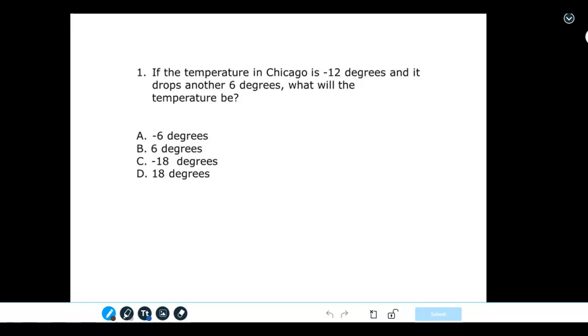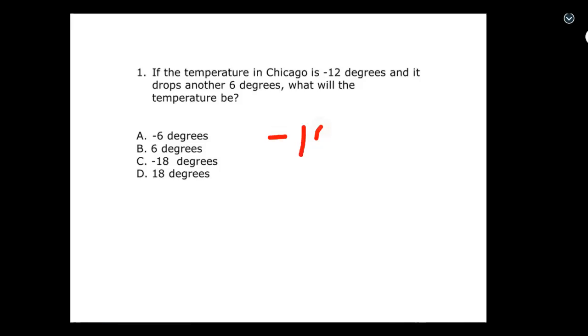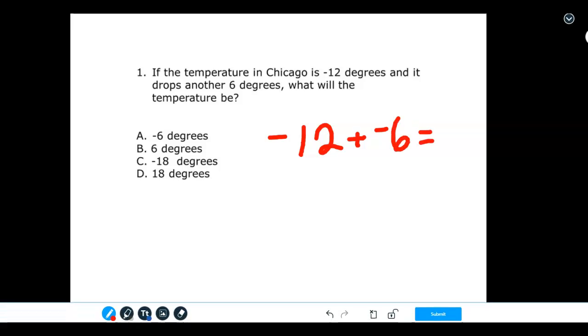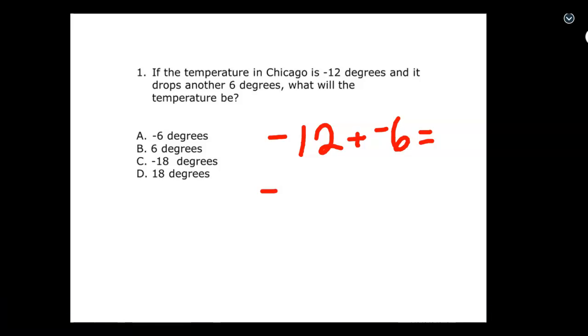Okay, so there is more than one way to write an equation for this. Serena told me she started with negative 12, and then she added negative 6 to get her answer, right? That's what you just told me. But Johnson told me for his that he started with negative 12 and he subtracted 6 to get his answer.